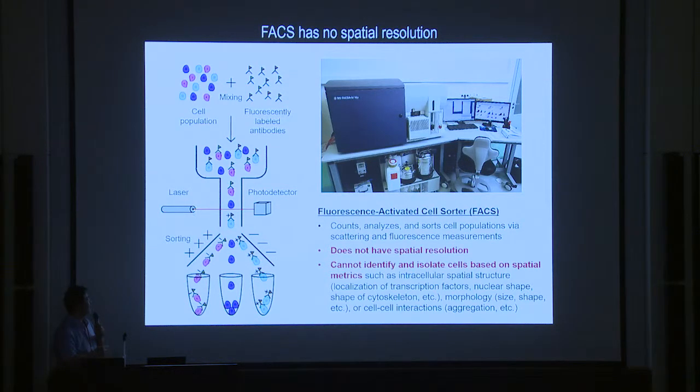You illuminate these cells with a laser, and then you detect light scattering or fluorescent signals. Then you sort those cells based on the signals. This is good, but it doesn't have spatial information, right? Basically, it's a single point measurement, so you cannot identify and isolate cells based on spatial metrics.